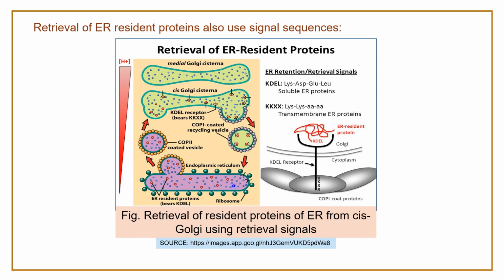Soluble proteins contain the KDEL sequence, that is lysine, aspartate, glutamate and leucine amino acids, which acts as a signal for retrieval. And membrane proteins contain the KKXX sequence, that is lysine, lysine, X, X, where X can be any other amino acid, which acts as a retrieval signal.